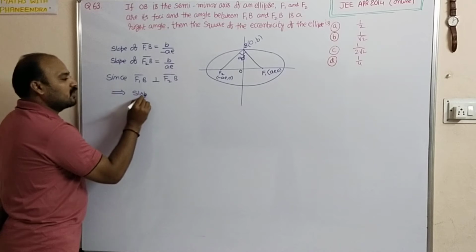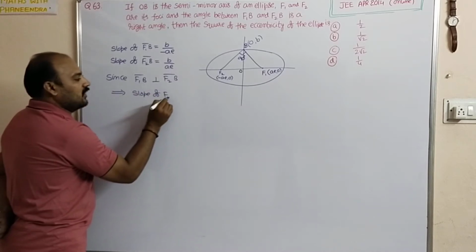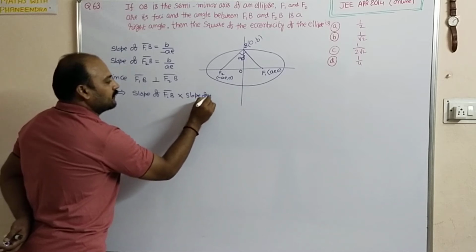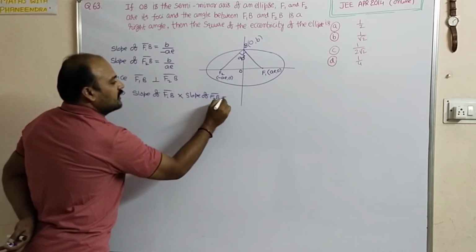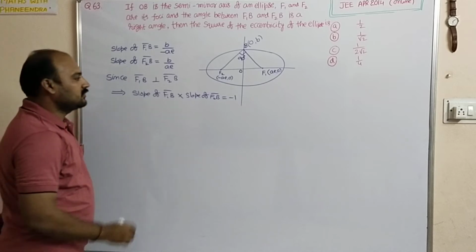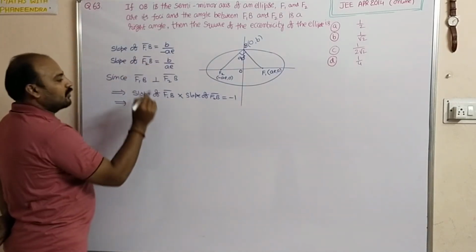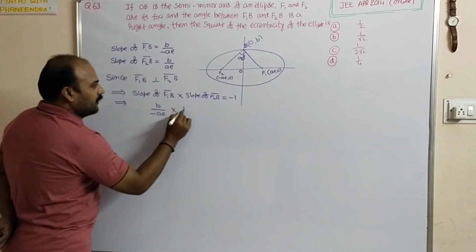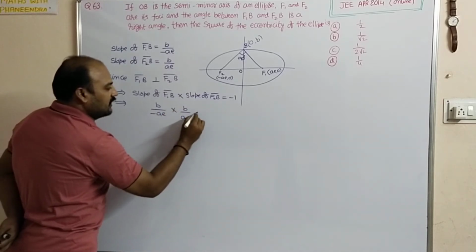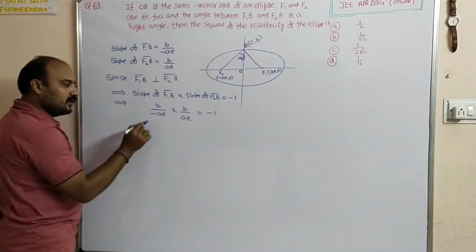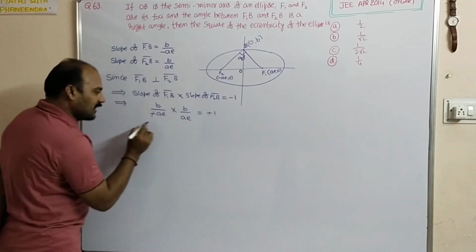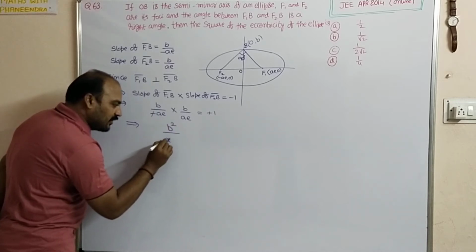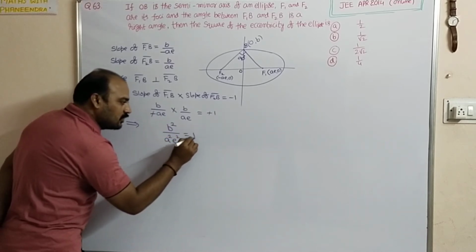Slope of F1B into slope of F2B is equal to minus 1. That implies B by minus AE into B by AE is equal to minus 1. Here the minus gets cancelled. B square divided by A square E square is equal to 1.